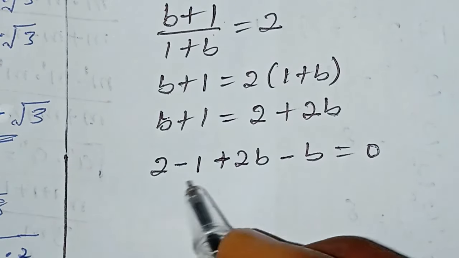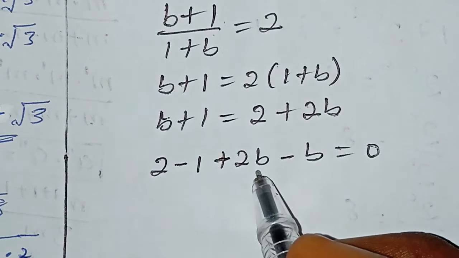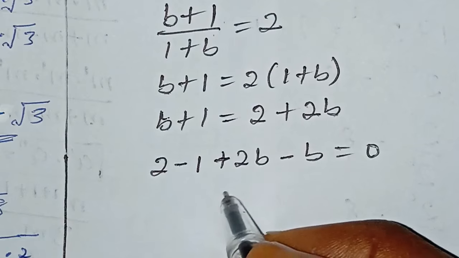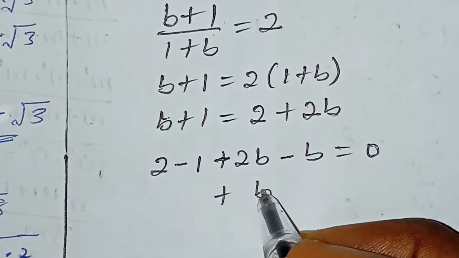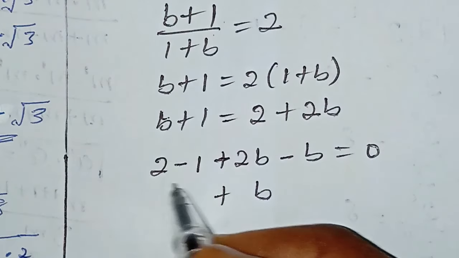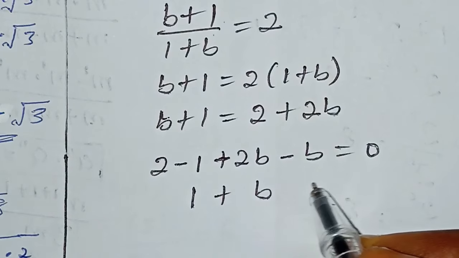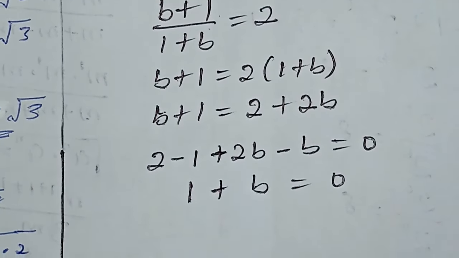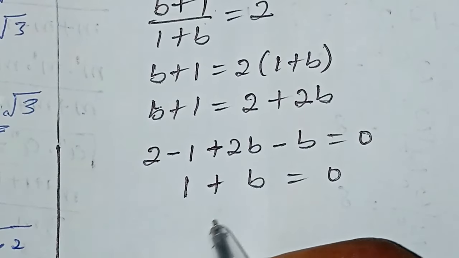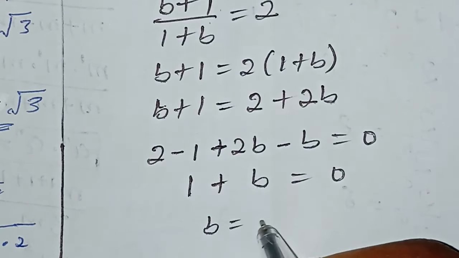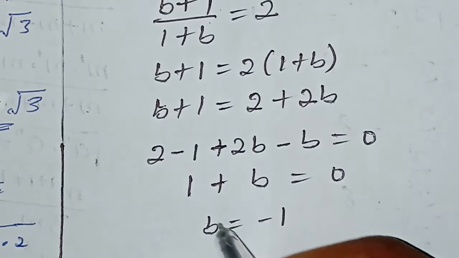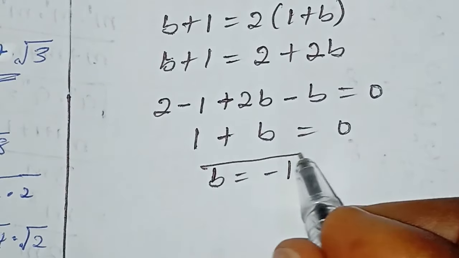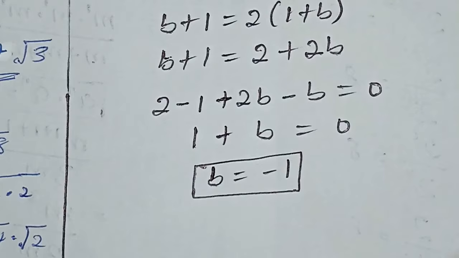Now from here we have that 2b minus b will give us b. Then 2 minus 1 will give us 1, equal to 0. So if we subtract 1 from both sides, we have b equal to minus 1. So the value of b is given as minus 1.